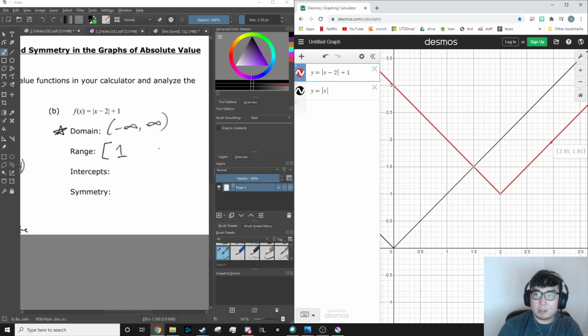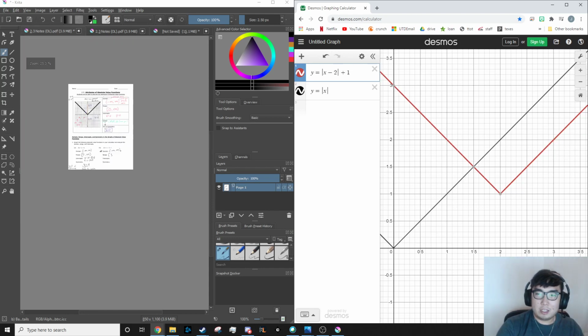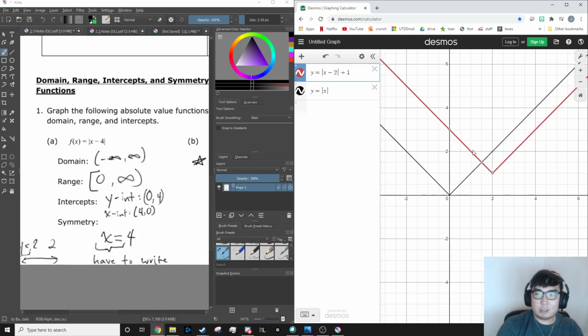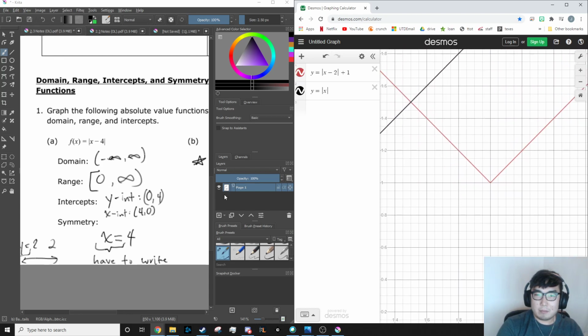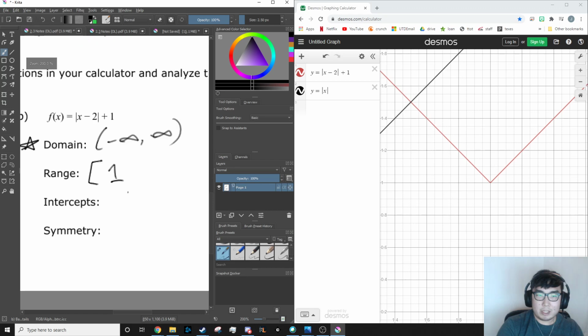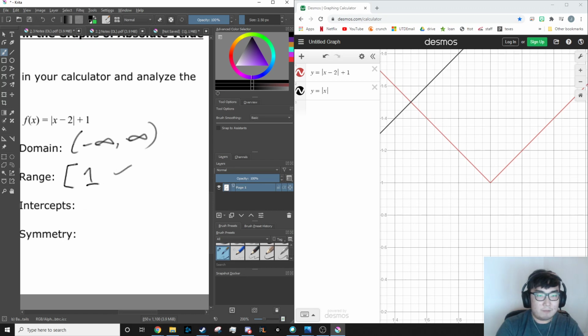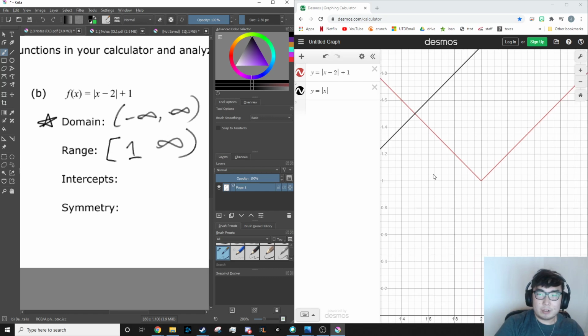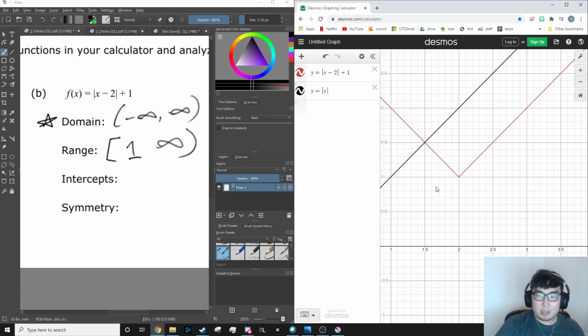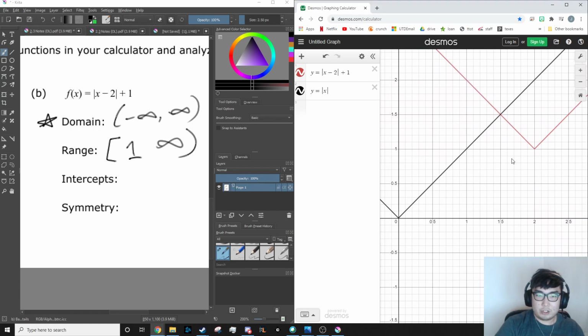So it can continuously go upwards. That means my largest point on my range would be infinity. So yes, changing how high your graph is does change your range.